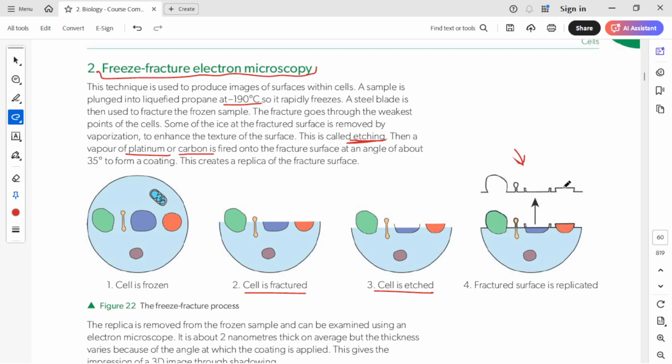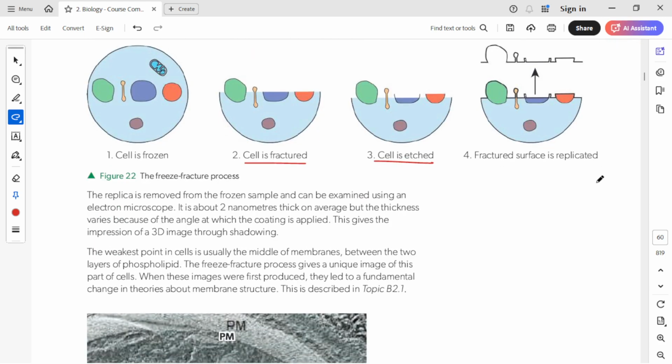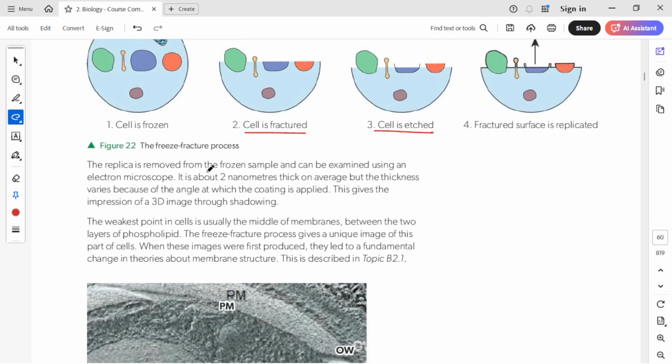The different shapes that have come out, we can study them, and study the structure of the cell like this. So the replica is removed from the frozen sample and can be examined using an electron microscope. It is about 2 nanometers thick on average, but the thickness varies because of the angle at which the coating is applied.